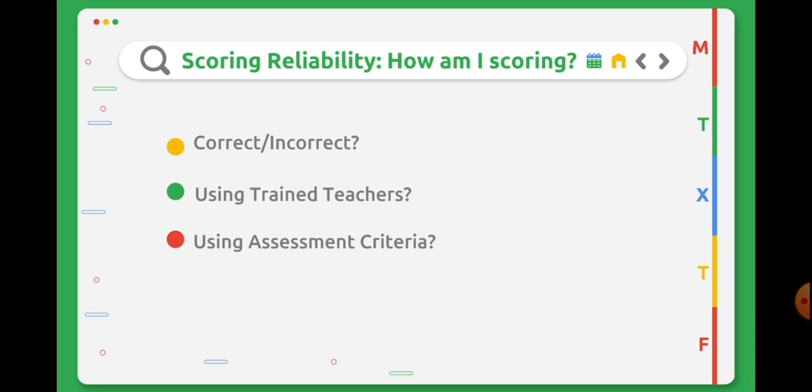Or are we going to score the test based on specific criteria as in vocabulary, grammar, essay, or other types of tests? To be sure, the scoring reliability refers to how dependable the scores of the tests are. To put it differently, how to make sure that the given test reflects the learner's ability in the classroom.